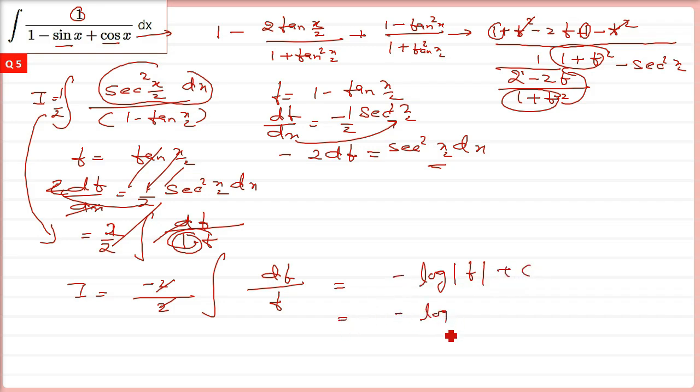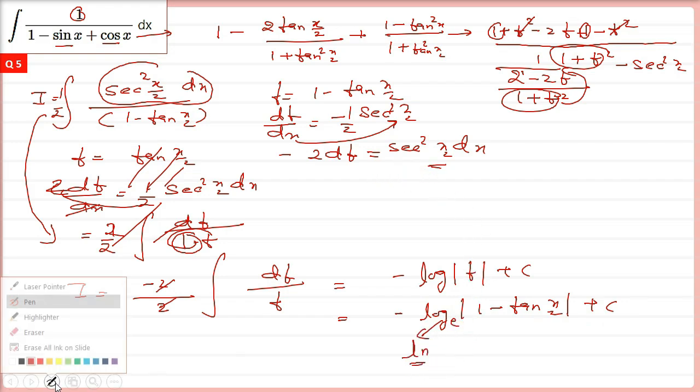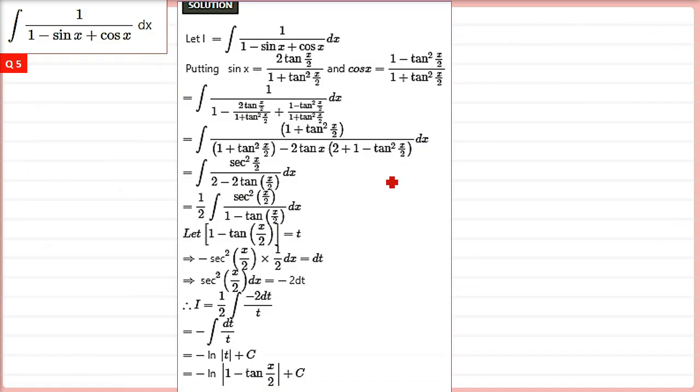So minus log, what was t? Remember it was changed to 1 minus tan x by 2. So minus log of modulus 1 minus tan x by 2 plus constant of integration. As I indicated earlier, log is log base e, you can just write it as ln as well. This is the result which I wanted to highlight because you have to write it in this way exactly.